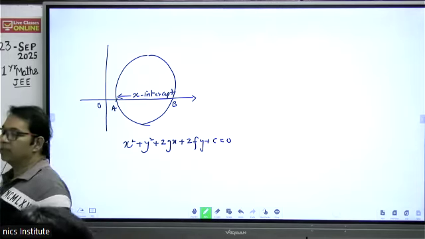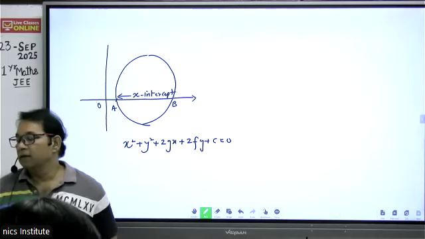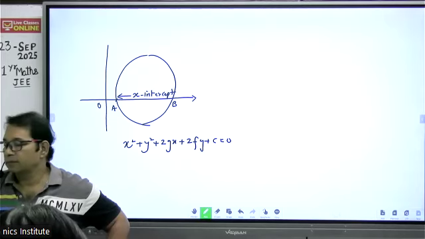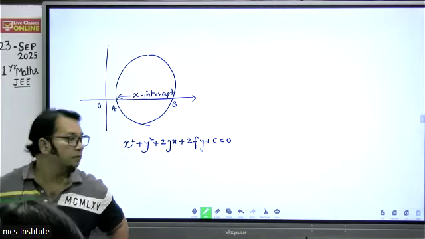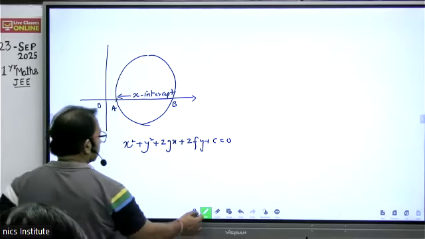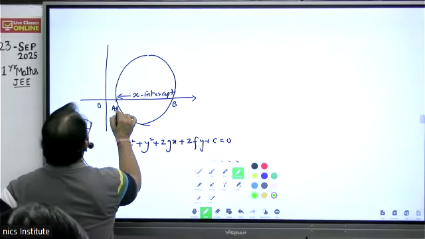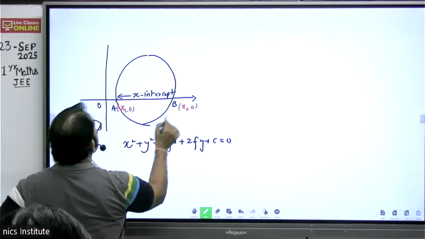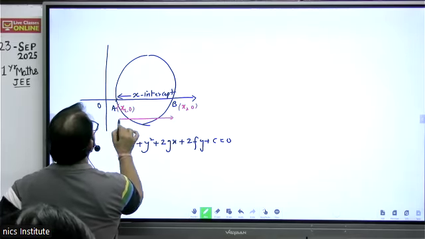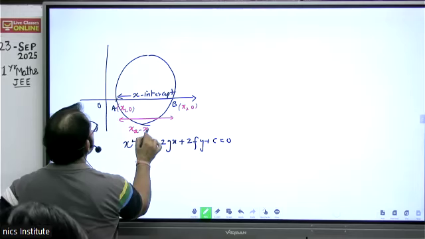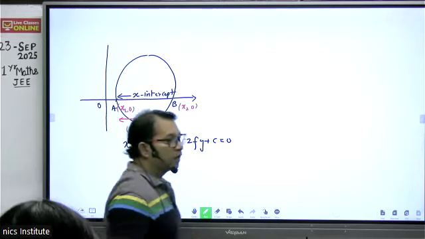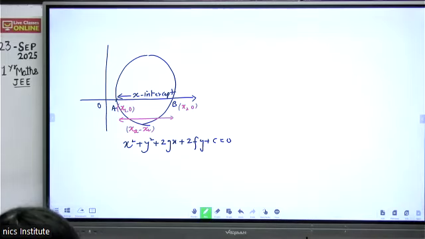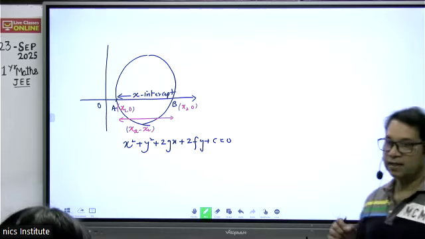If a circle intersects x-axis, what is the length of x-intercept? इसको ले लो, x1, 0. This is x2, 0. This length will be x2 minus x1. So let's find x2 minus x1. Find length of intercept cut by the circle on x-axis.